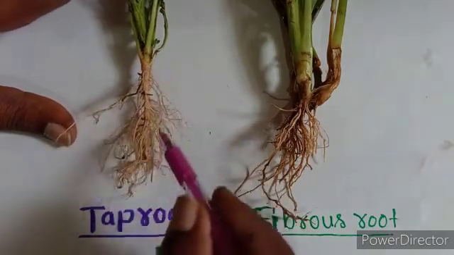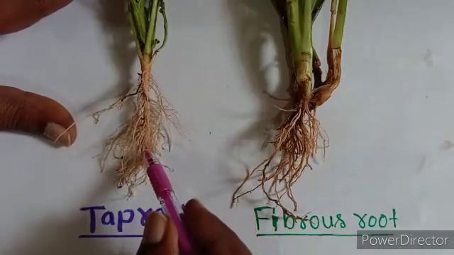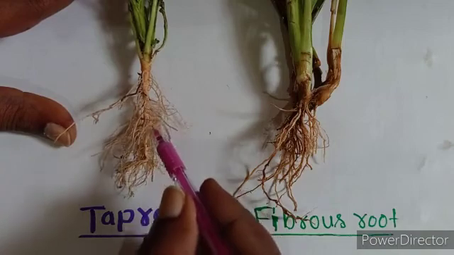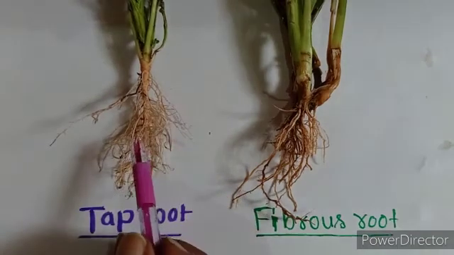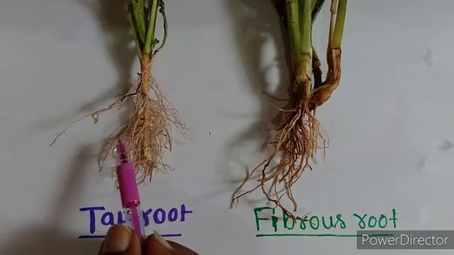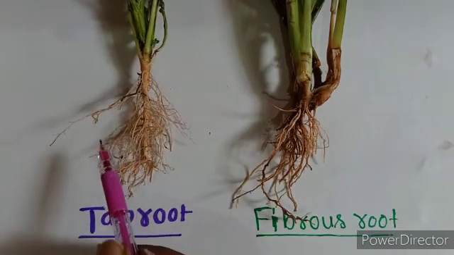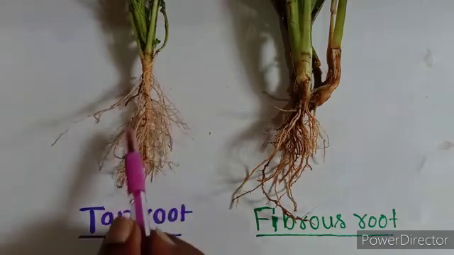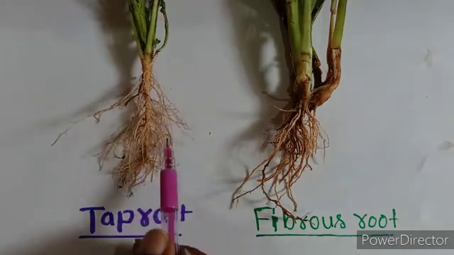This is the thick root, and it is called taproot, which further divides into many branches or side roots. Students, these are the branches of roots or side roots.